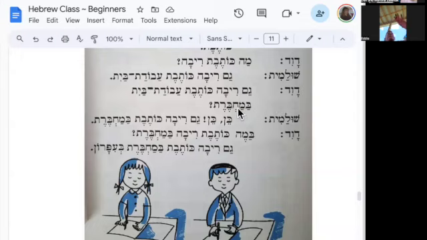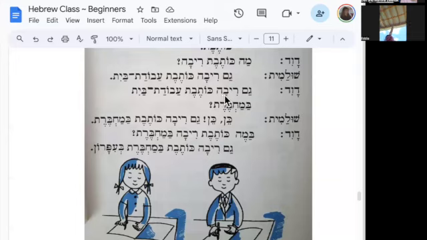David: Gam Riva kotevet avodat bayit bamachberet? Is Riva also writing homework in the notebook? It sounds so much better in Hebrew. You see, I put is, and then Riva, and then the word gam, also.